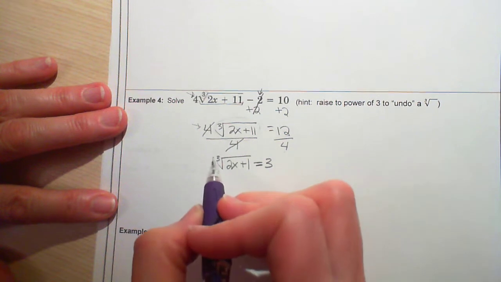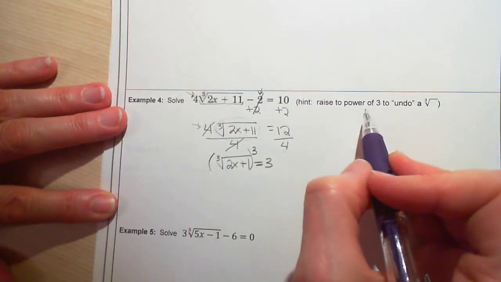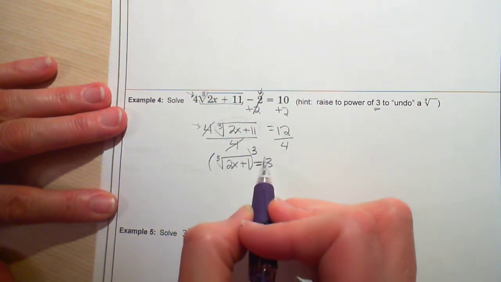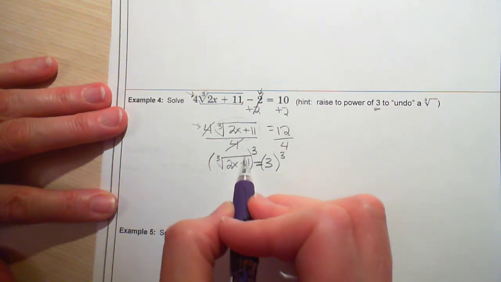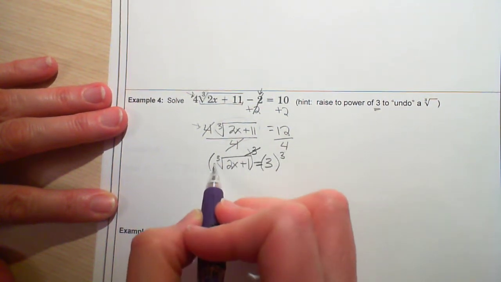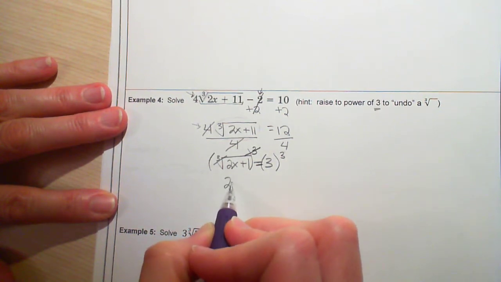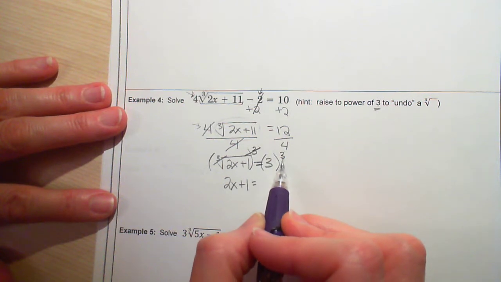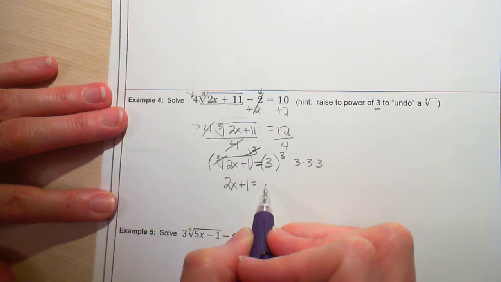Now I'm going to blow up the jail. But this time when I blow it up, I'm going to raise both sides to the power of 3, because this is a third root jail. Over here, power of 3. Third power and third root jail undo each other, and what comes out? 2x plus 1 equals 3 to the third, which is not 9. 3 to the third is 3 times 3 times 3.